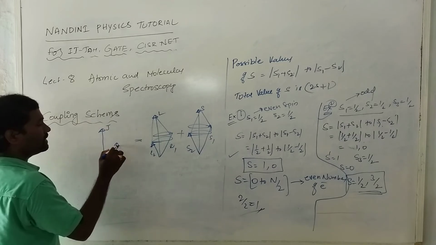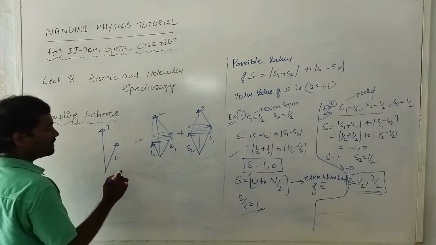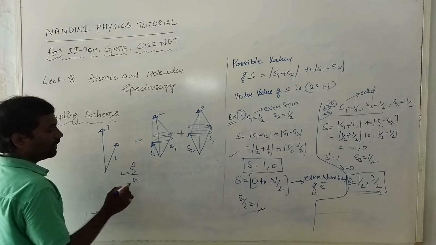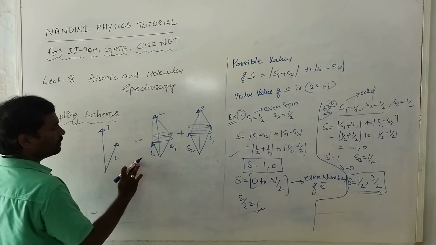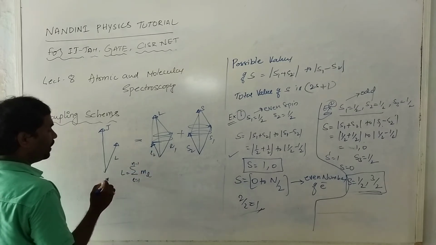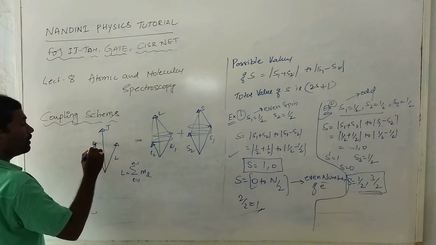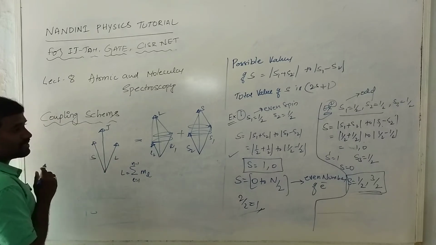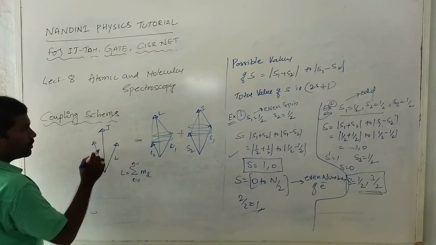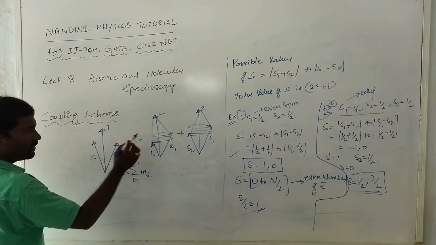Now this is L, where L is the sum of ml values, from 1 to n. And capital S is the total spin angular momentum.